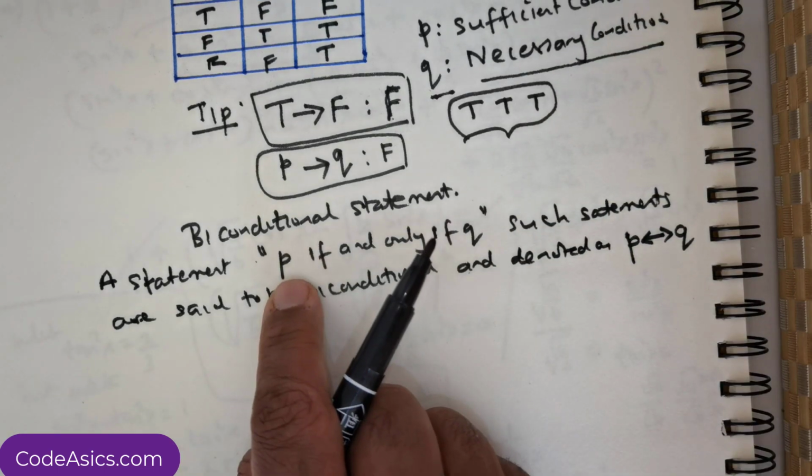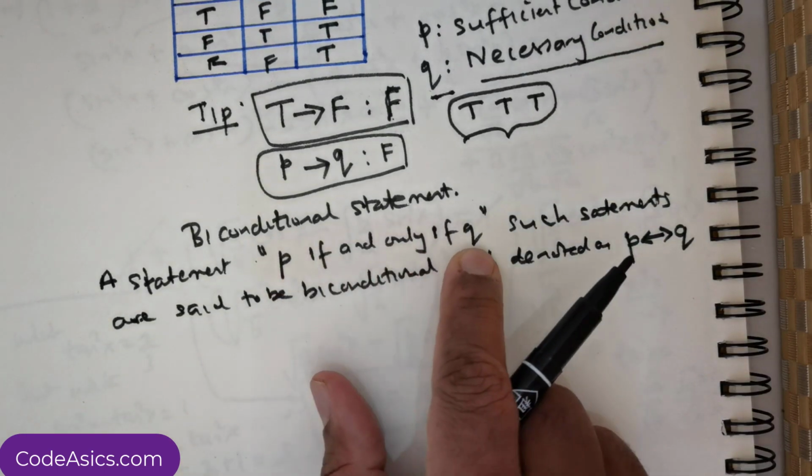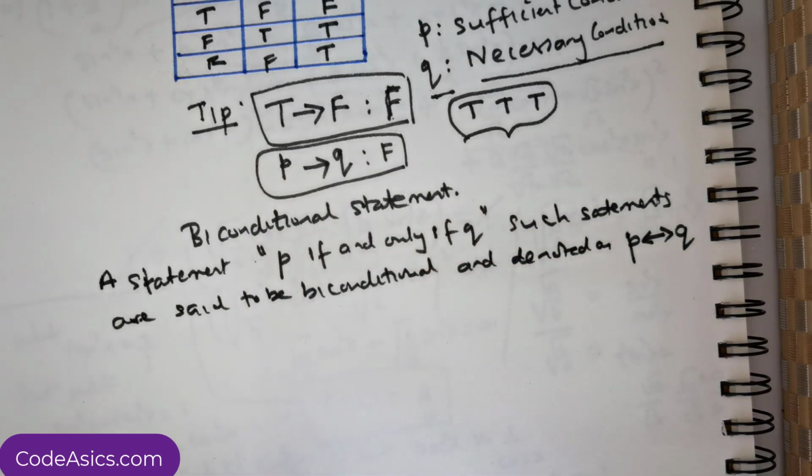P can occur if and only if Q has occurred. So that's a basic understanding.